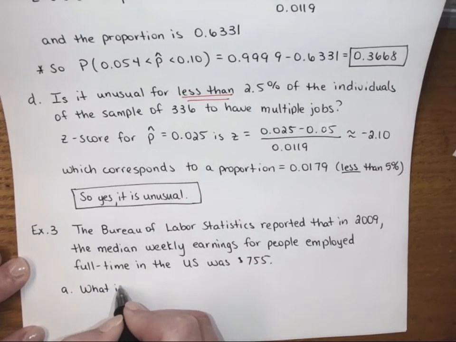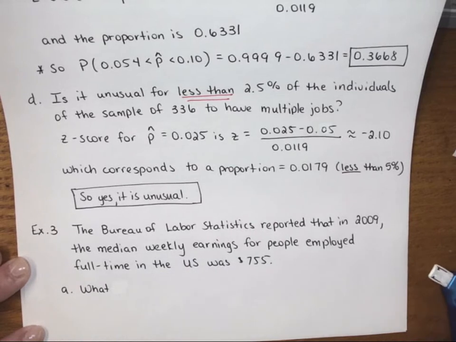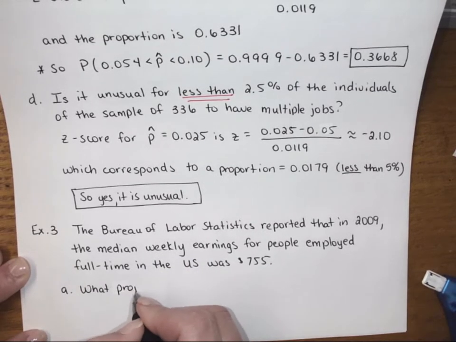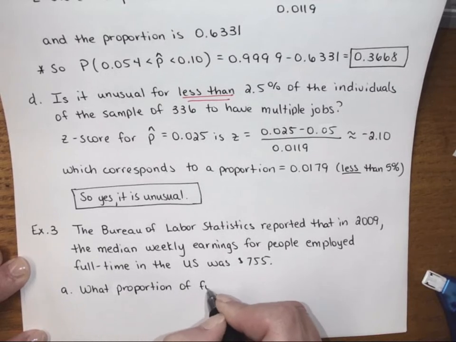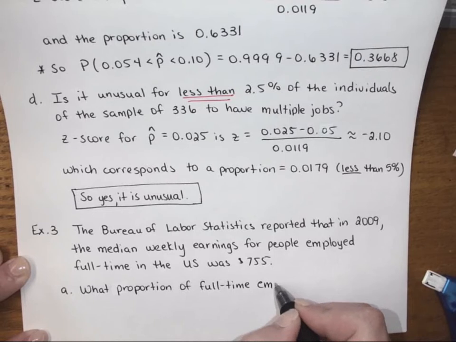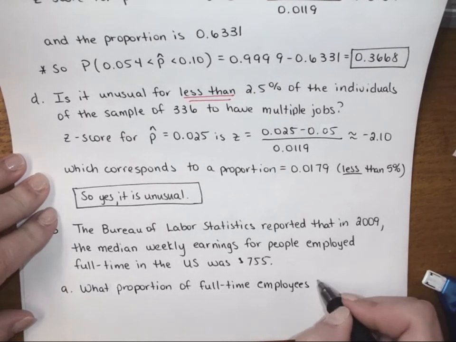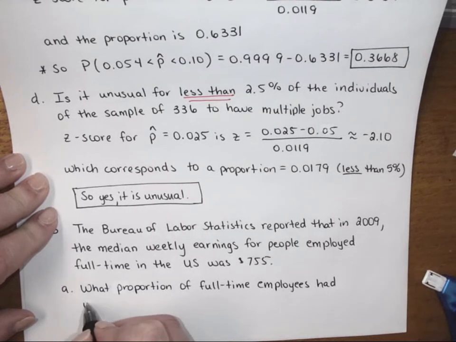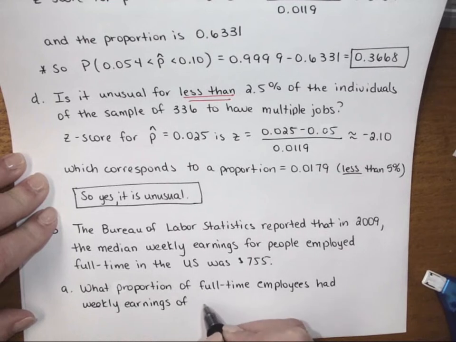All right, so my first question is, what proportion of full-time employees had weekly earnings of more than 755?